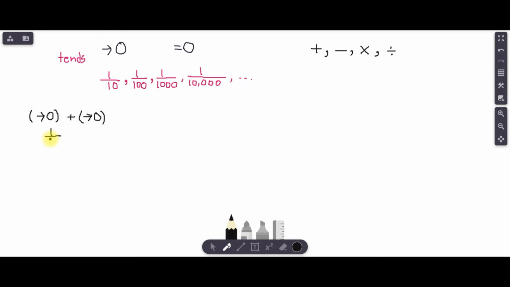For example, if I take a smaller number, say 1 by 10, and add with another smaller number, it comes to 2 by 10. Further, if I take 1 by 100 plus 1 by 100, it is 2 by 100.